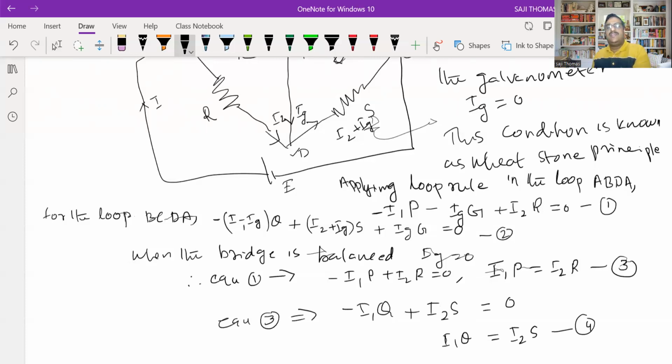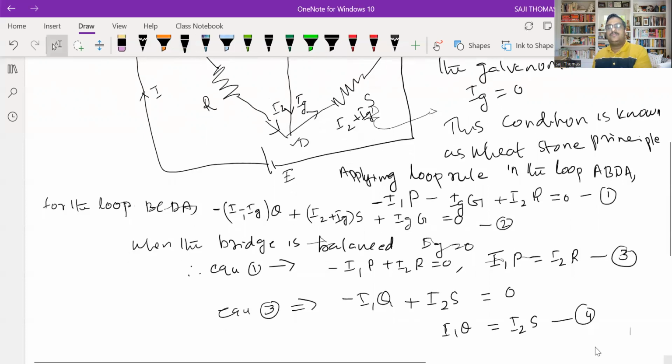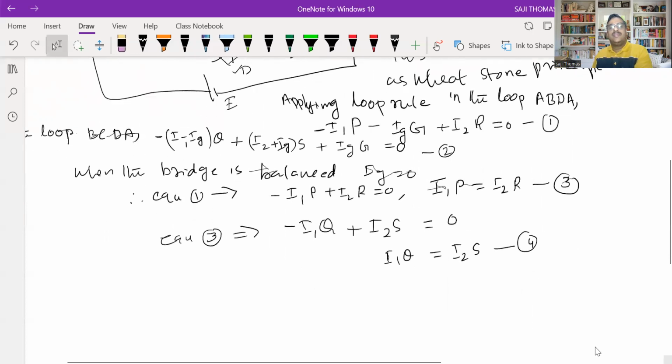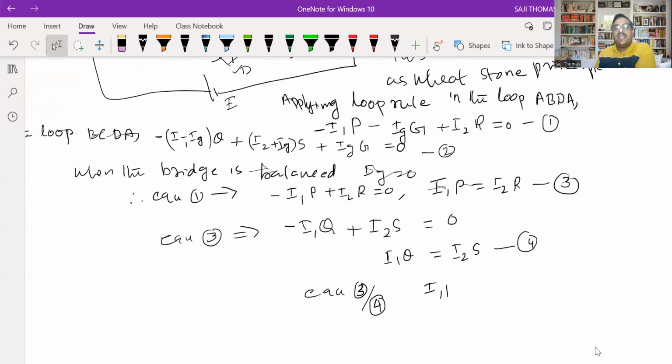Now divide equation 3 by equation 4, not 1 by 2, sorry. What are you getting?